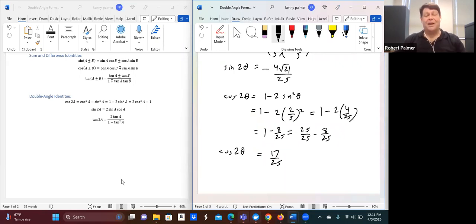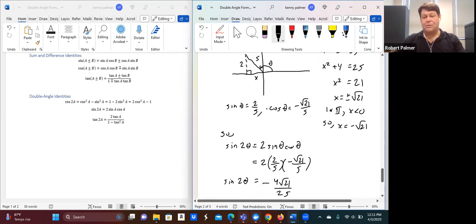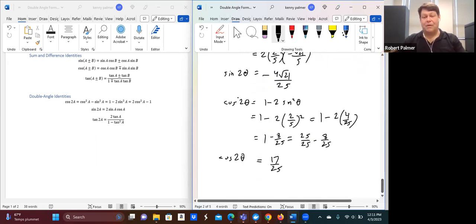Also in this case, we want to find tangent. We won't take the time to do it. You plug it in the formula. Now we're not given the tangent. We can also find tangent from sine and cosine. So tangent of theta is sine over cosine. Then we can also simply find tangent of 2 theta by just dividing sine of 2 theta by cosine of 2 theta.